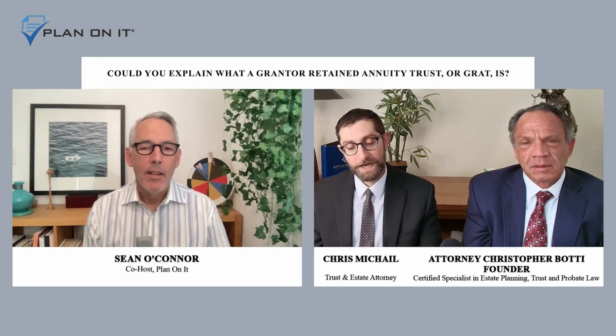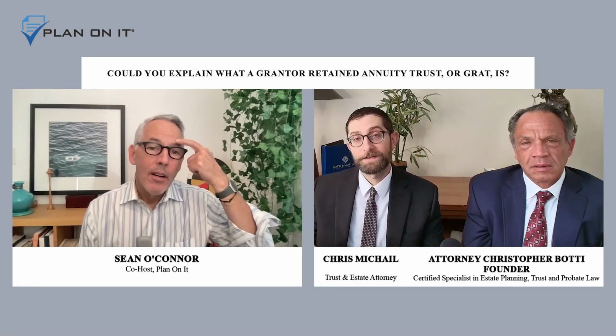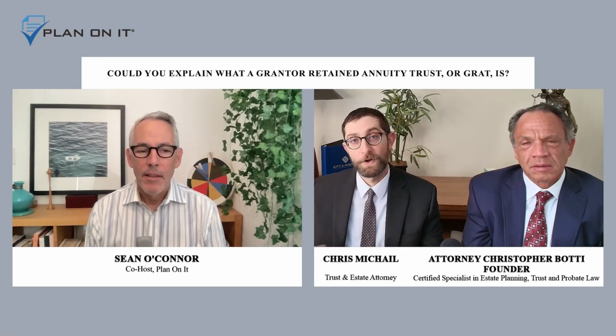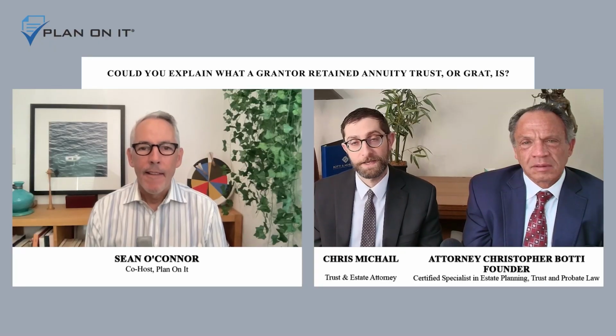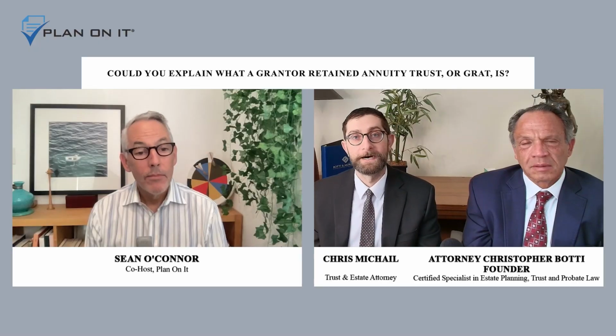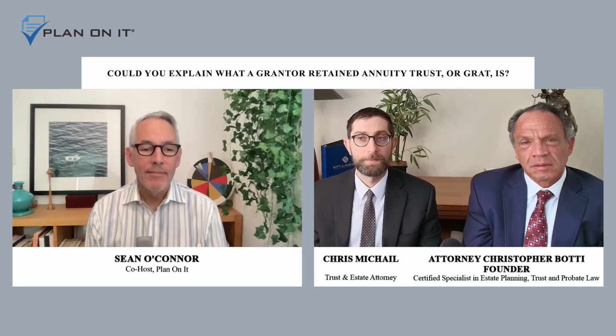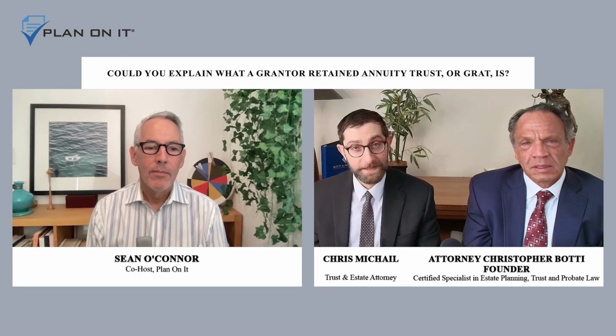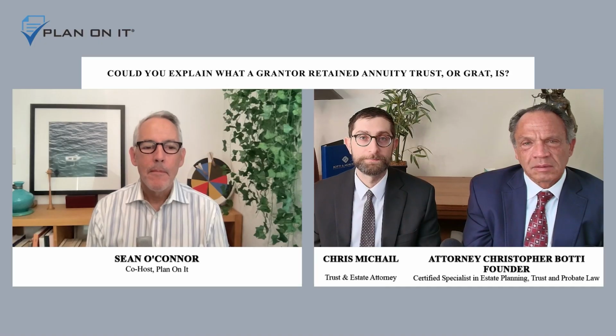Any of that appreciation beyond a federal interest rate would pass to your beneficiaries without any gift and estate tax implications. We'll jump into the weeds of it, there are a lot of details, but essentially it's a great technique to avoid having to gift anything outright, and also to avoid that estate tax when you pass away.